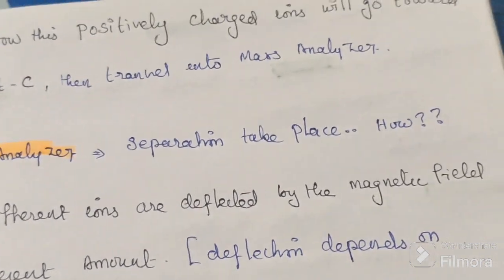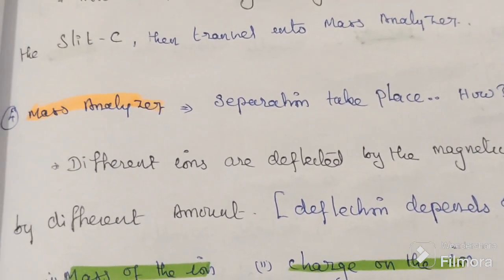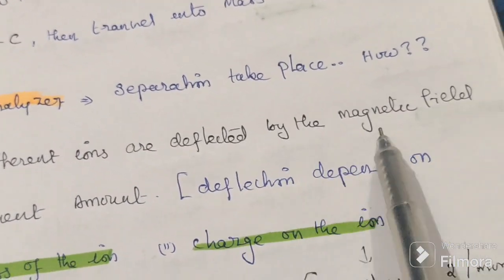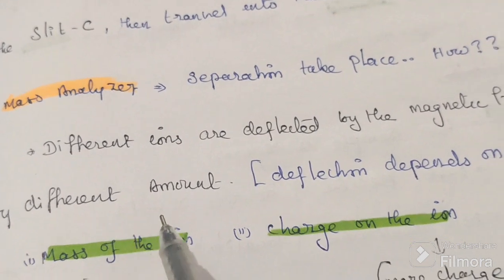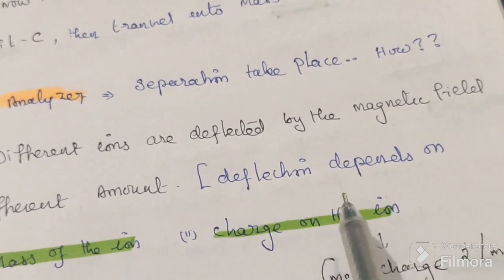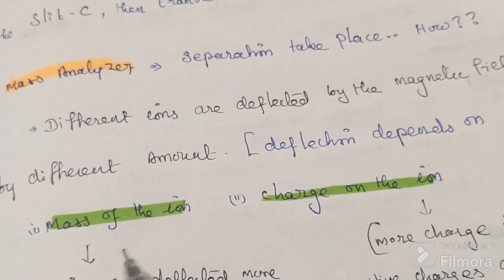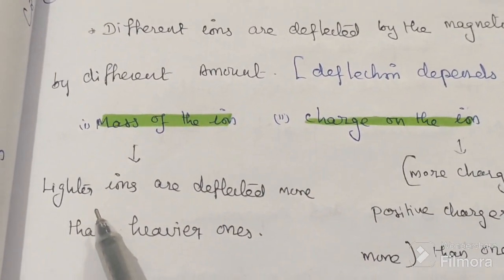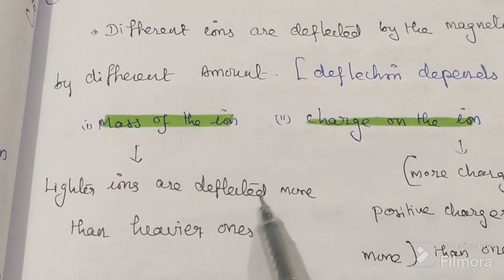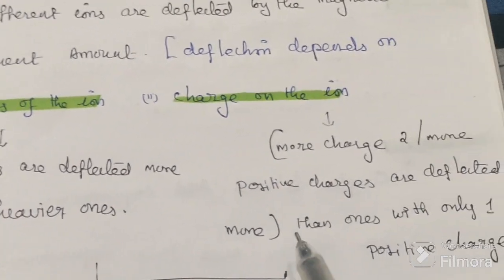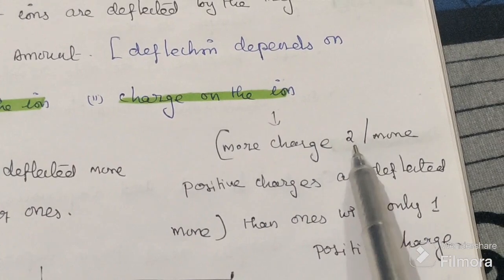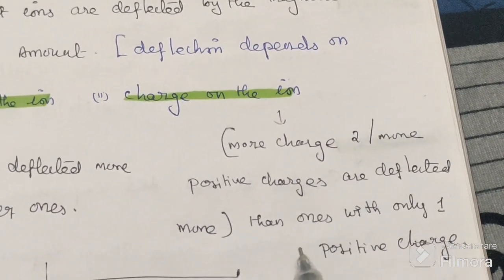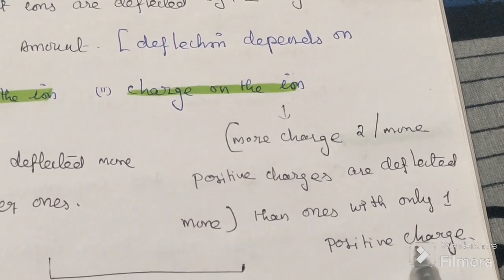In the mass analyzer, separation takes place. How does the separation happen? Different ions are deflected by the magnetic field by different amounts, based on two characteristics: the mass of the ion and the charge of the ion. Lighter ions are deflected more than heavier ones. Ions with two or more positive charges are deflected more than ions with only one positive charge.